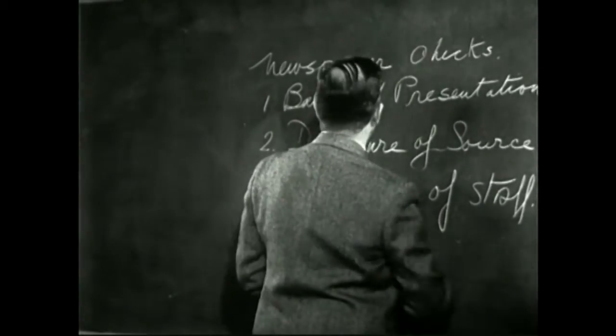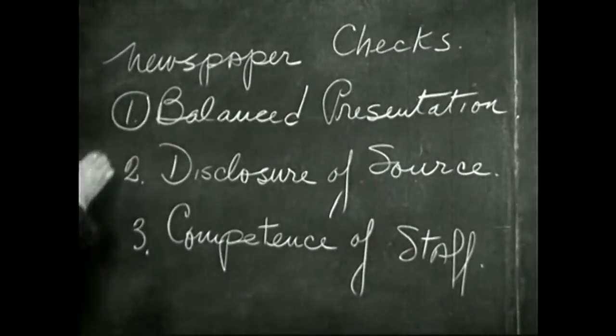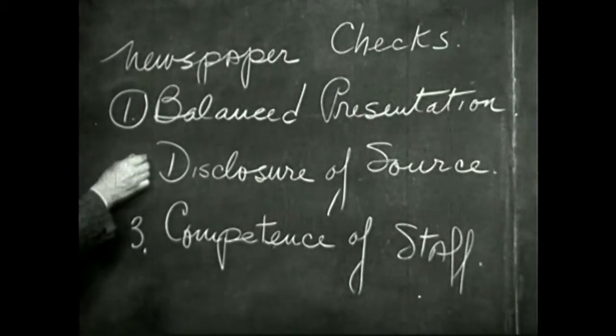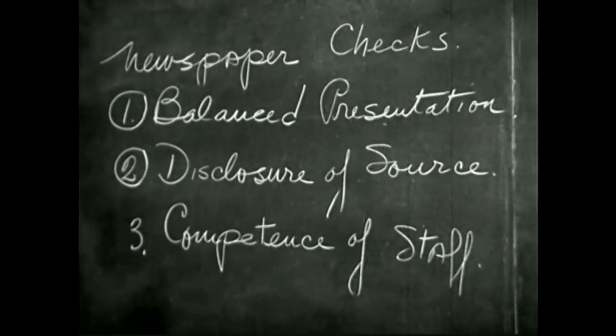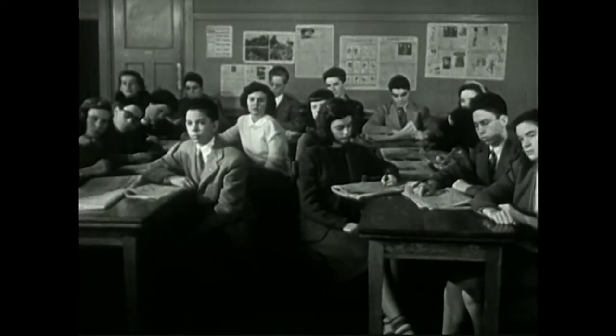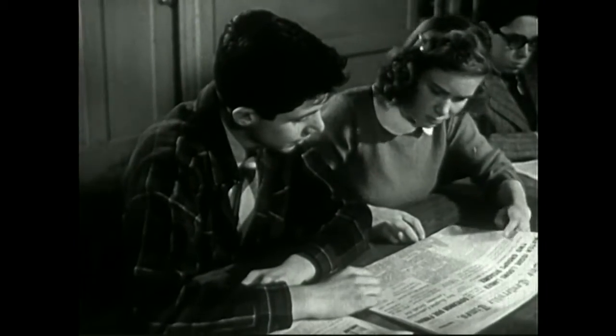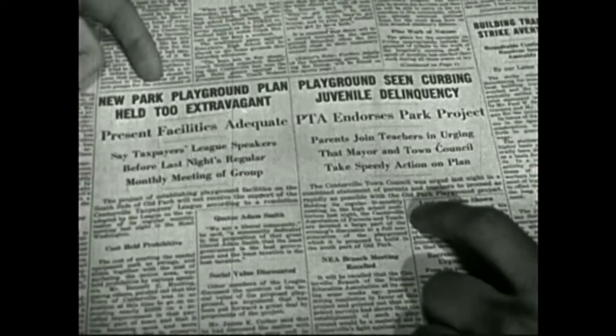The newspapers of a real democracy meet these tests: balanced presentation of news, disclosure of source, competence of the staff. In applying these tests to newspapers, we find out, first of all, if they report both sides.